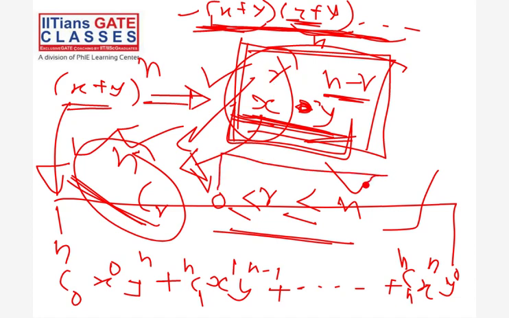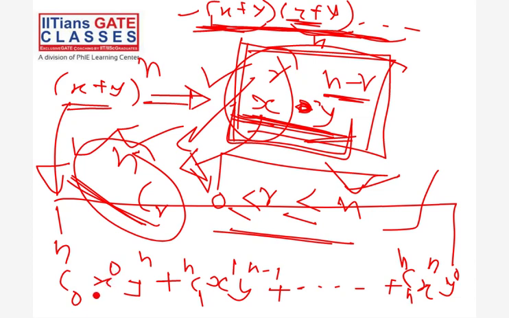Why? Because it may be possible that you do not select x at all, so from each pair you select y. Similarly, when r goes to n, you are selecting x from everywhere and not selecting y. So r goes from 0 to n.